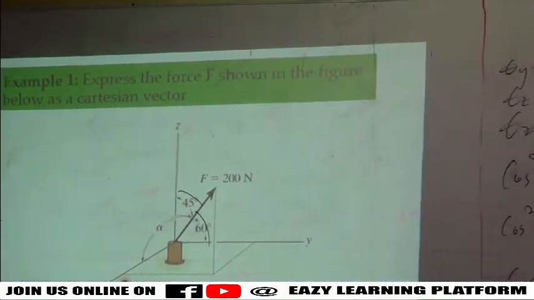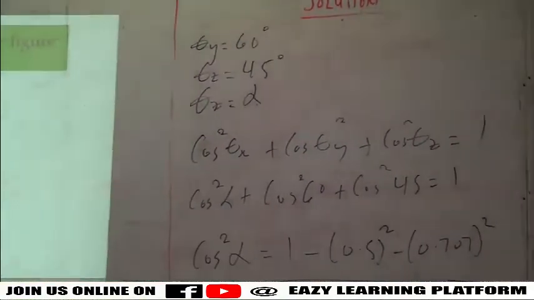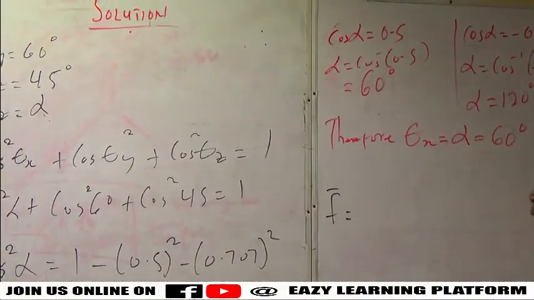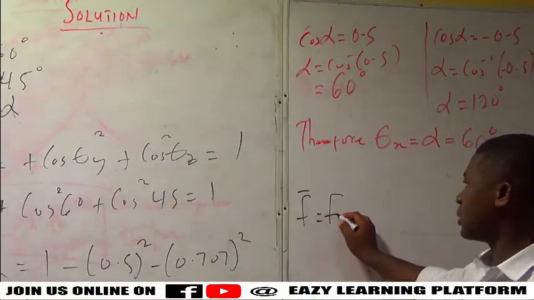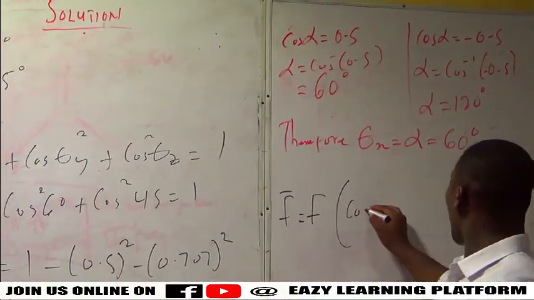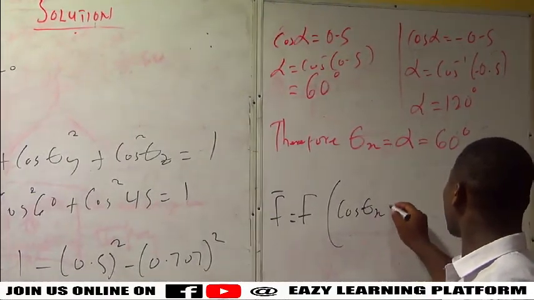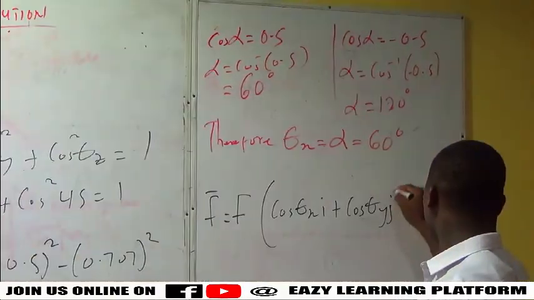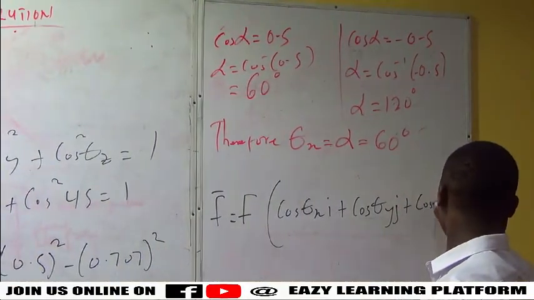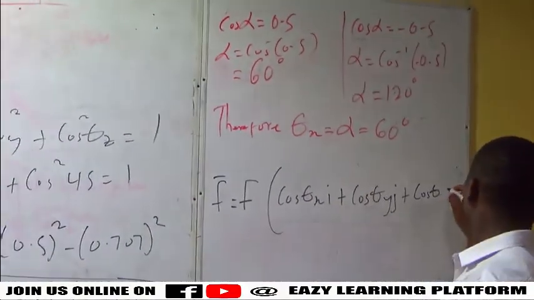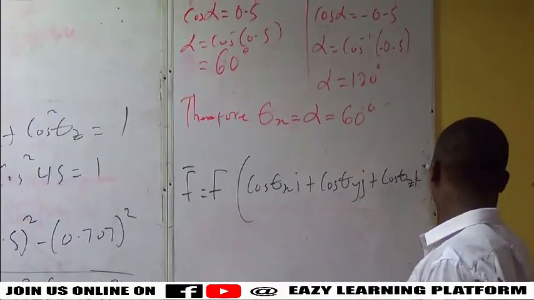From the formulas, we know that the force vector is equal to the magnitude of the force into bracket cos theta x i plus cos theta y j plus cos theta z k.